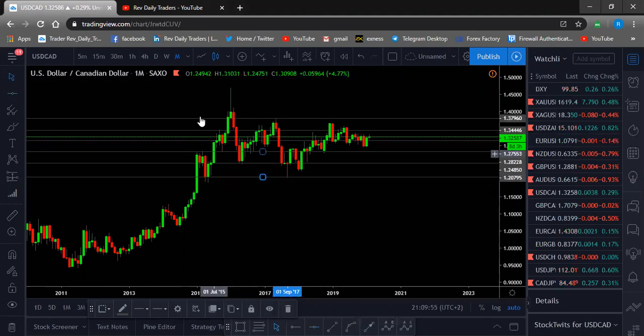Right. Let me lock. Then we lock our horizontal lines. Okay. We lock all the horizontal lines. Why are we doing this? We are not going to move these horizontal lines anymore. These are going to help us in future, okay?